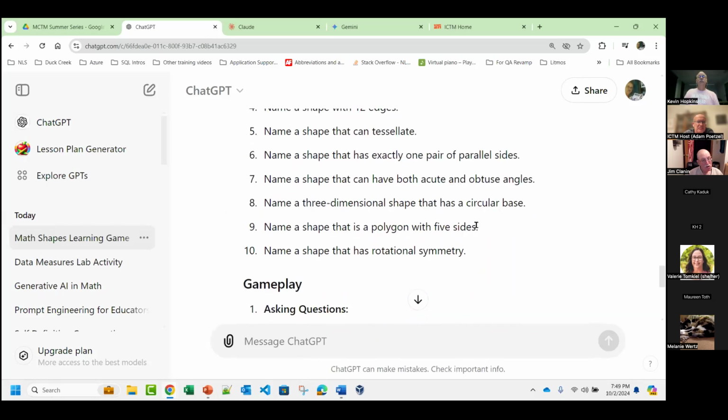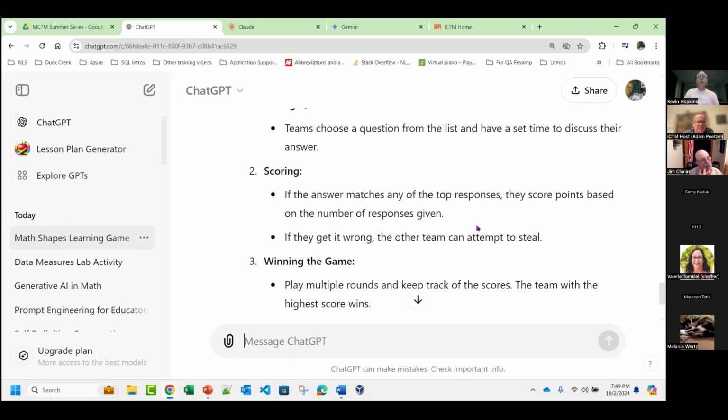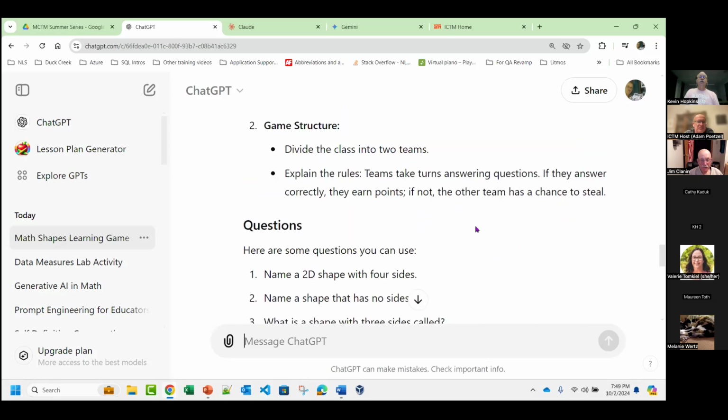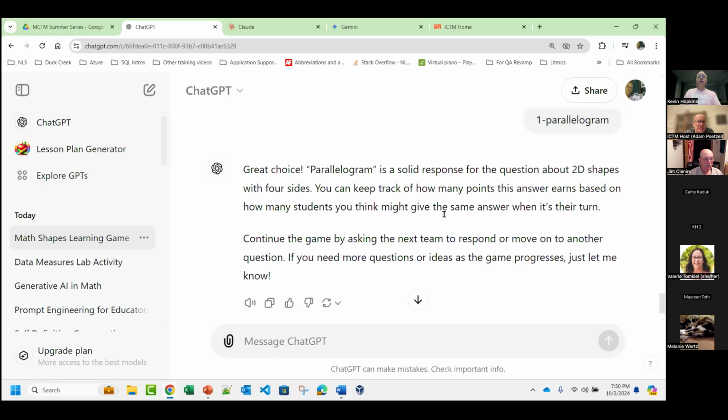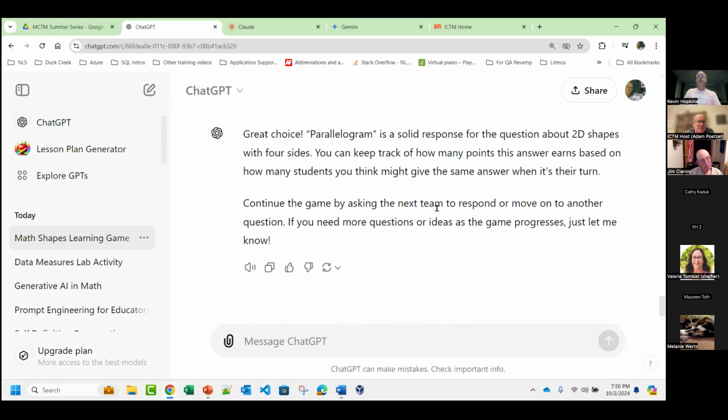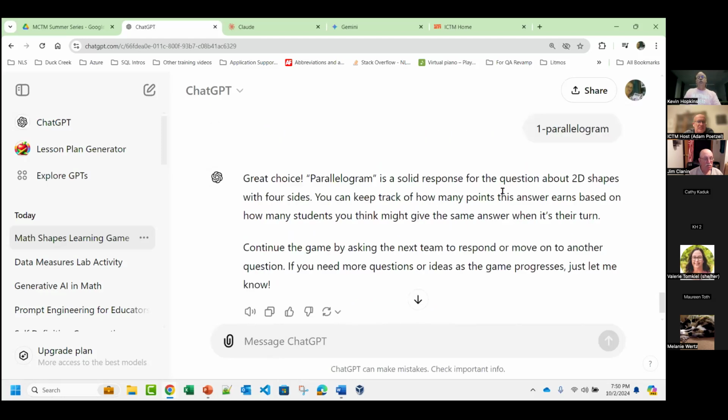Well, it's not actually a Family Feud game, but it's: name a 2D shape with 4 sides. So let's see, 1, parallelogram. Great choice, that's a solid answer. So it actually is sort of a Family Feud because there are other shapes with 4 sides.